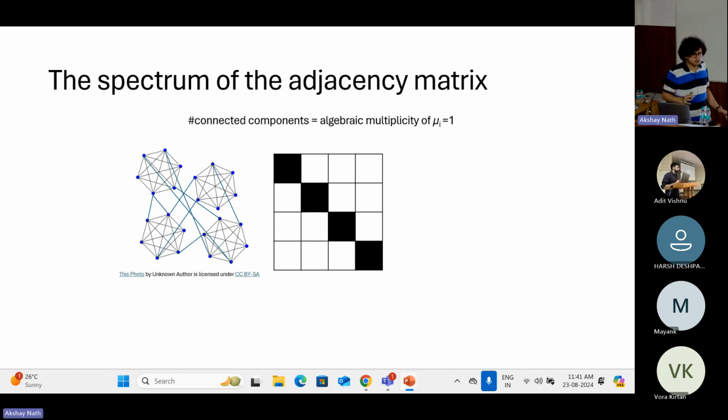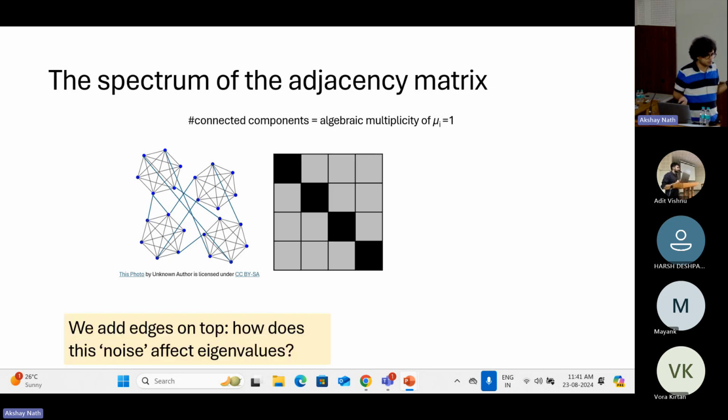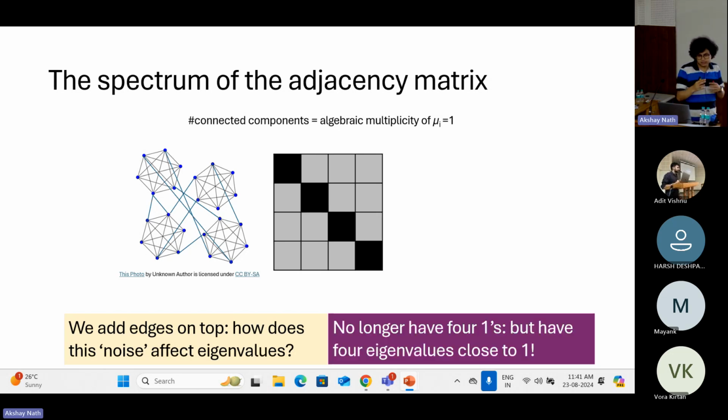The following statement is a little wishy-washy, but you can expect that it will not move a lot from these 4 ones. It's not exactly 4 ones, but you expect there are still 4 eigenvalues that are kind of large. This was the basis of how we got to where we were, because we realized that if our graph does have these good clusters, we need to have several large eigenvalues.